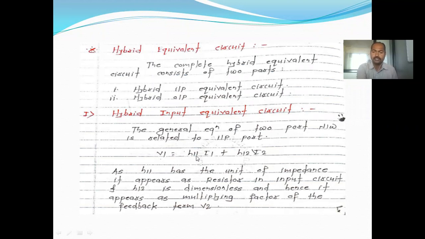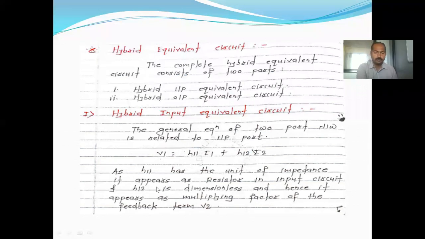H11 is nothing but the input impedance, which is HI, because H is common for hybrid and I stands for input. H12 is the voltage ratio V1 upon V2, which is the reverse voltage ratio, so H12 is HR.